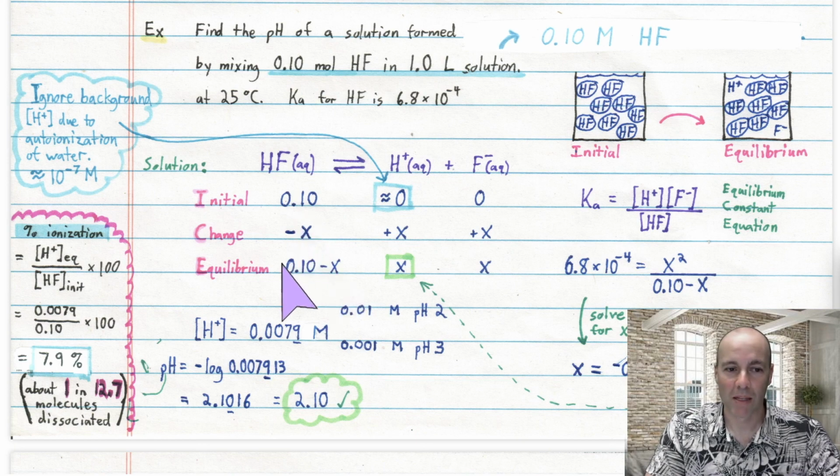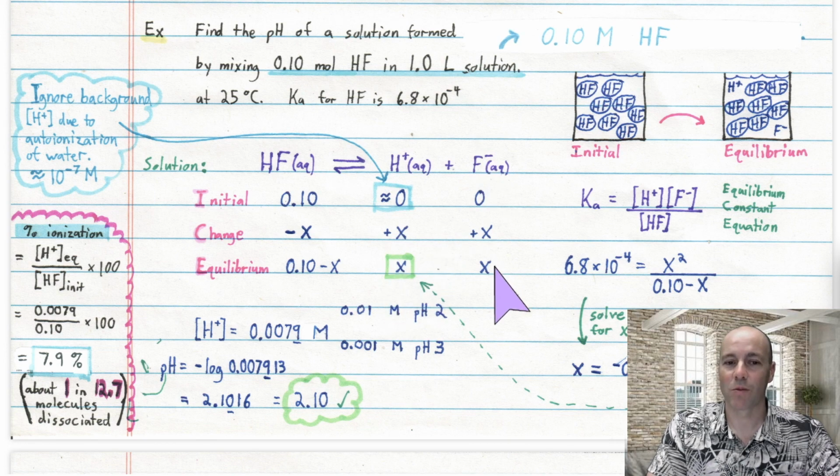So 0.1 minus x is what you'll have at equilibrium for HF. 0 plus x gives you x, and that will be the equilibrium proton concentration, and the equilibrium fluoride concentration will also be x. So here are your equilibrium concentrations for this system, and if we knew what x was, we can then figure out what the pH is.